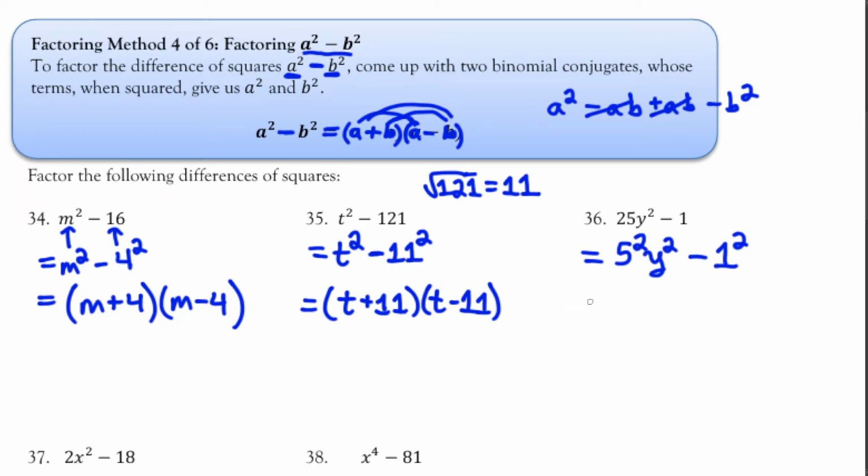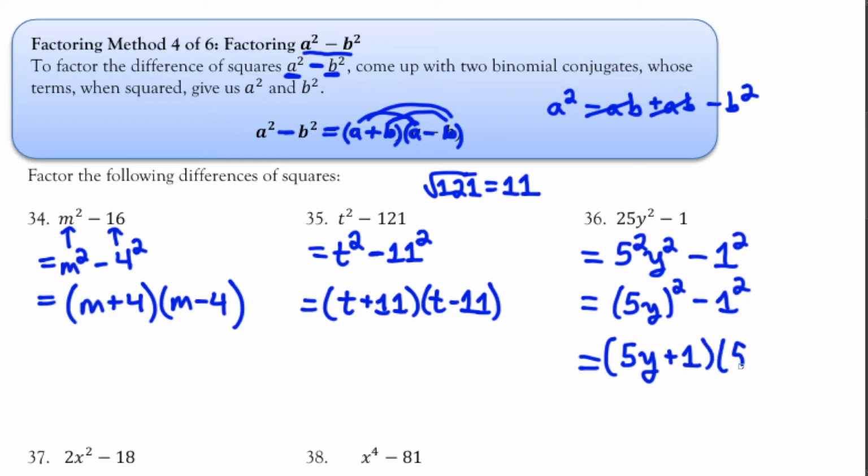So how can I fix this? Well, 5 squared y squared is also 5y squared. So here I actually have the difference of two squares. If you multiplied 5y times 5y, you would get 25y squared. So I can still write this as the difference of two squares: 5y plus 1 and 5y minus 1.